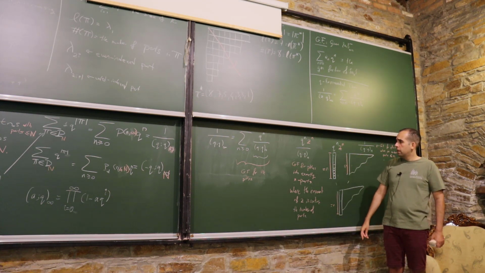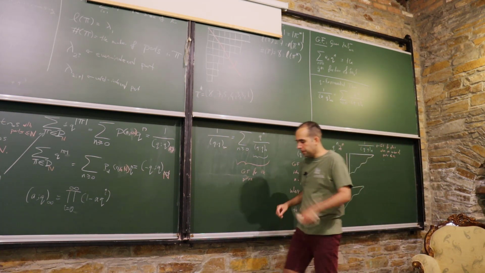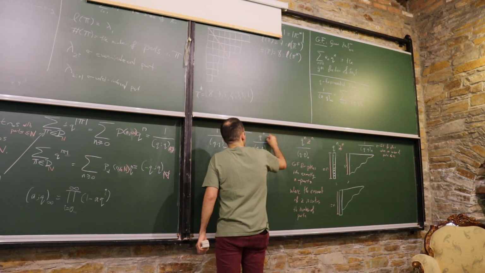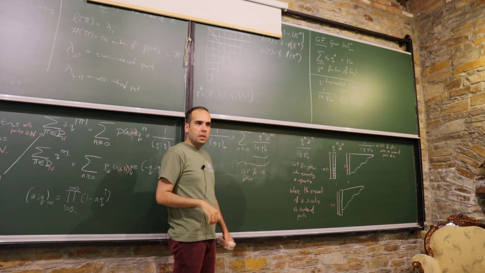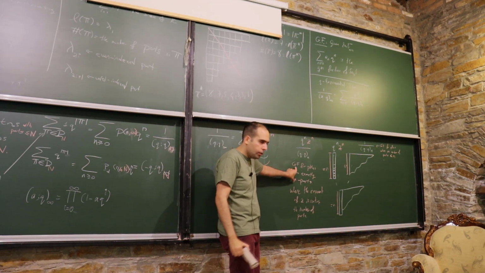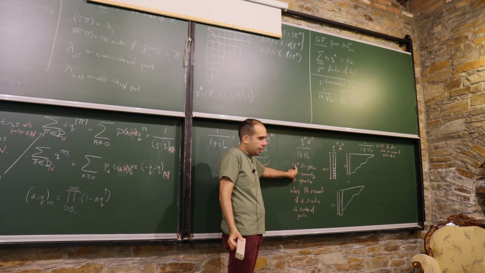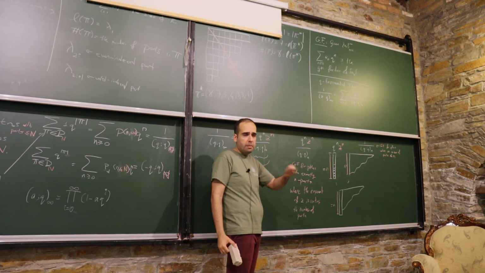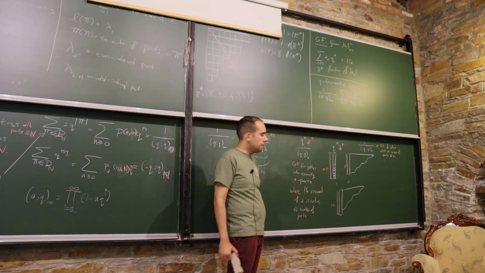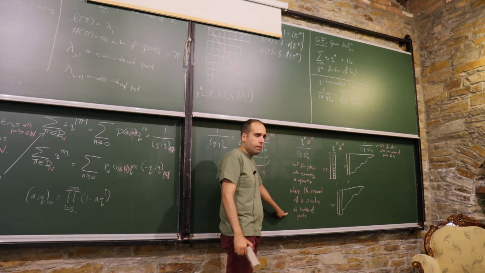Cool. But then I start summing this up over n. Well, I will still lose this middle thing because it was just saying that the condition is exactly n parts, but I'm summing over all the possible n's. And this extra information stays the same.